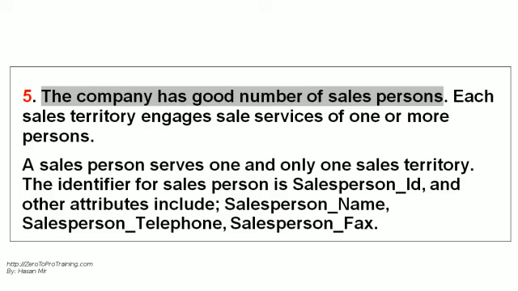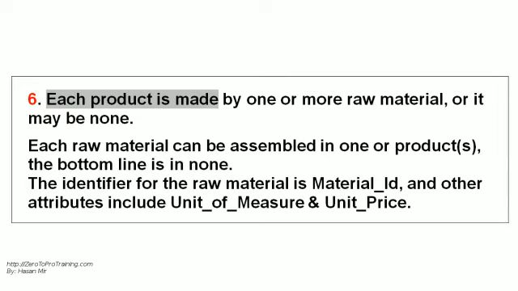A salesperson serves one and only one sales territory. The identifier for salesperson is salesperson_id, and other attributes include salesperson_name, salesperson_telephone, salesperson_fax.